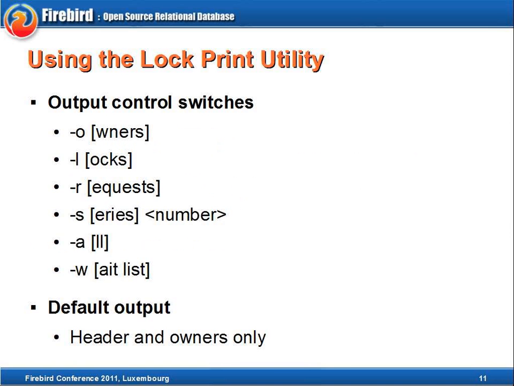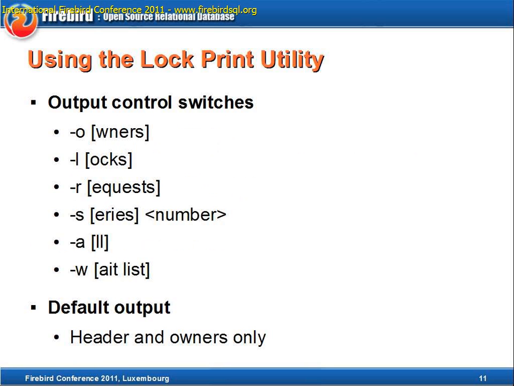A few words about the logprint utility. Its only goal is to read the log table and report it in the human readable form. It doesn't modify the log table, so it's safe to run it whatever time you need. It can report different things, different objects of the log table.